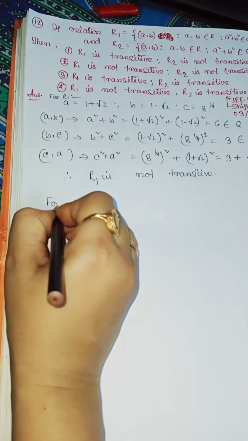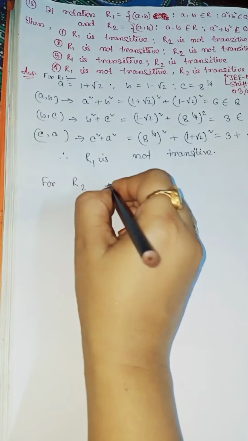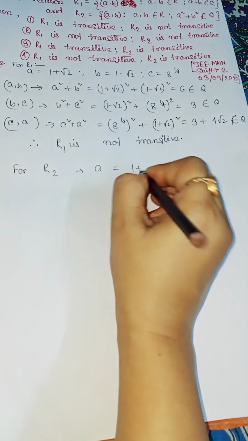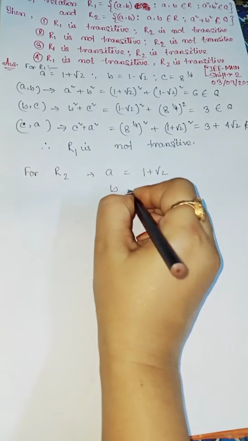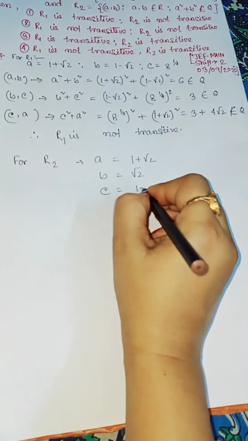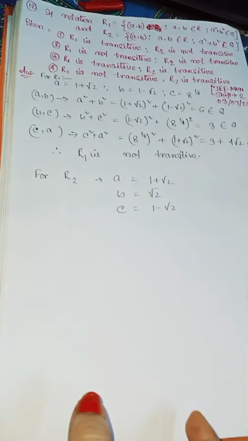Now for relation R2, let's suppose a is equal to a number 1 plus root 2, b is equal to a number only root 2 and c is equal to a number 1 minus root 2. Students may change this number according to their choice.